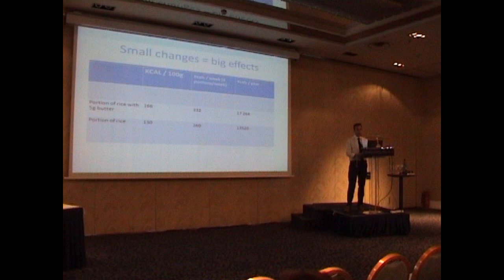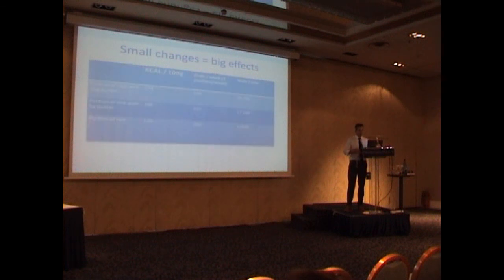If you mix in 5 grams of butter with that rice, over the course of the year, that's an extra 5,000 calories. So if you mix in 20 grams of butter, which is easy to mix into 100 grams of rice, it melts, the calories per year significantly go up. These are small changes. I'm telling you, they have a big impact. They shouldn't be underestimated for how much they can improve the situation.